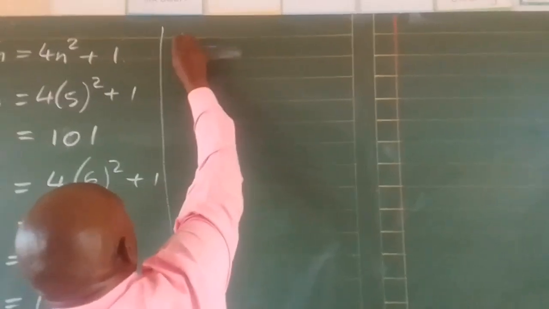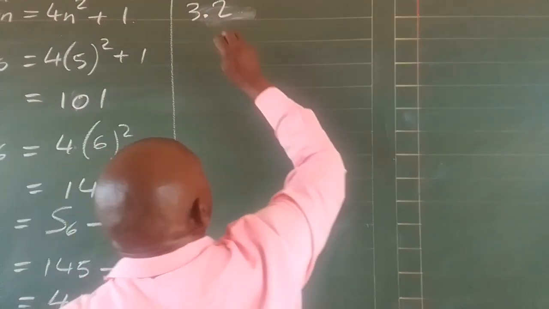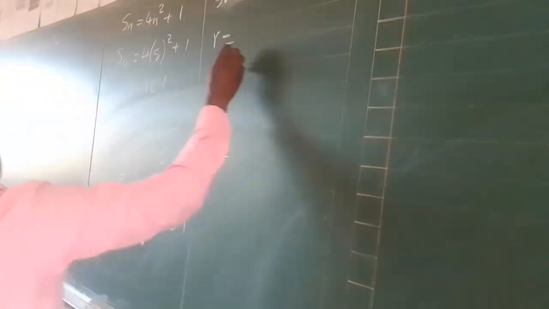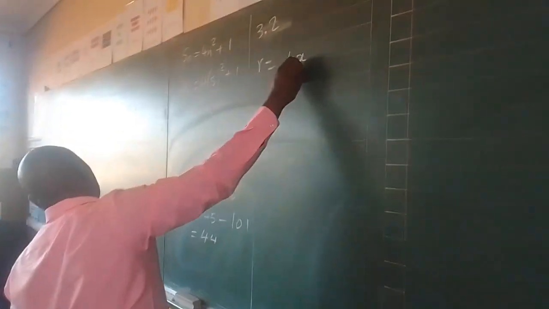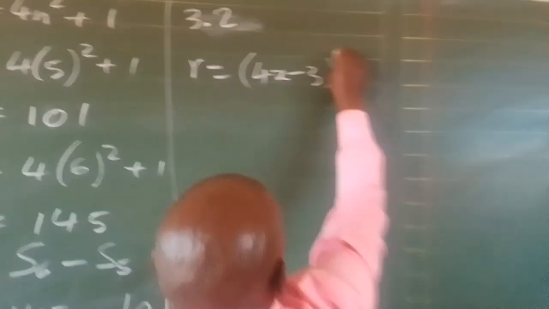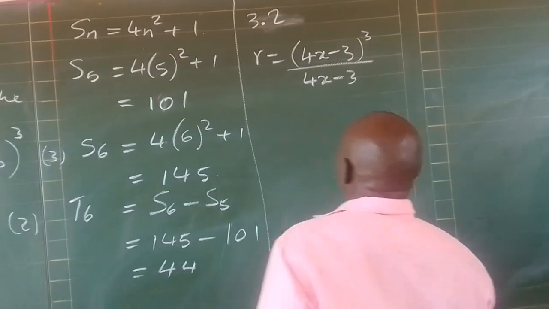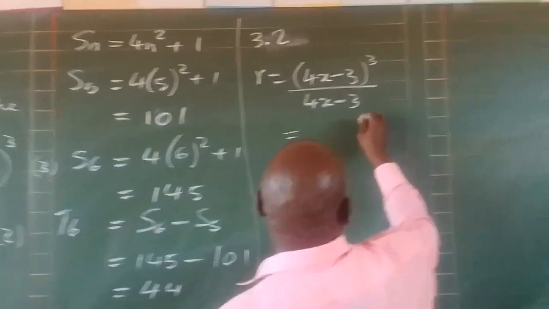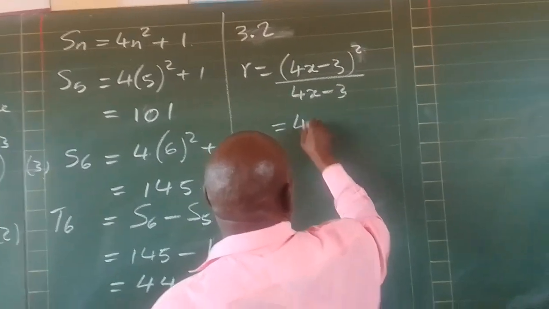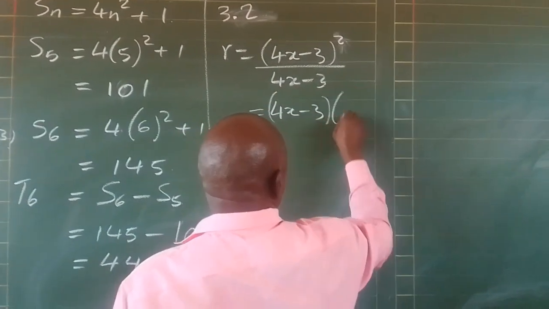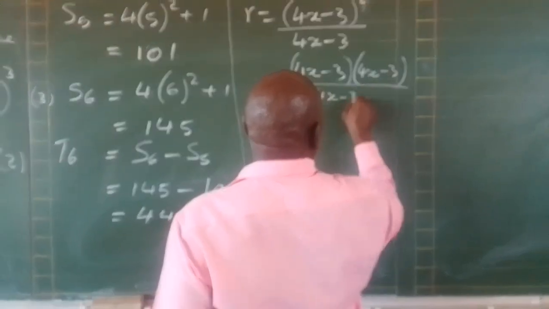You find that r is equal to T2 divided by T1, which is (4x minus 3) times (4x minus 3) divided by (4x minus 3).